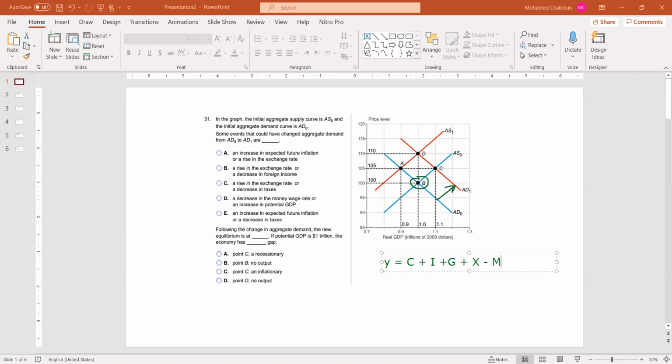What will be the consequence for aggregate demand? There will be an increase or a decrease?